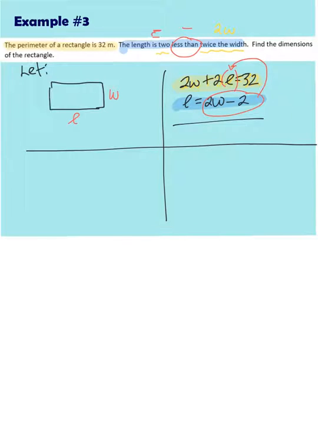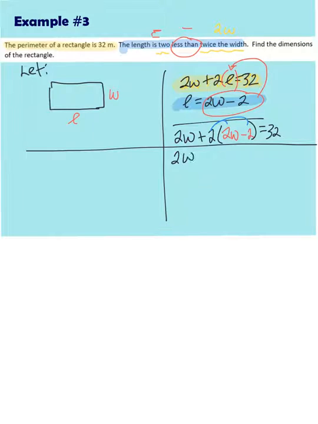And so I'm going to sub in L for there. So I have 2w plus 2 times the length, which is 2w minus 2, equals 32. So then I'm going to distribute the 2. I apologize if you can hear Miss Ray across the hall. She's really loud today.